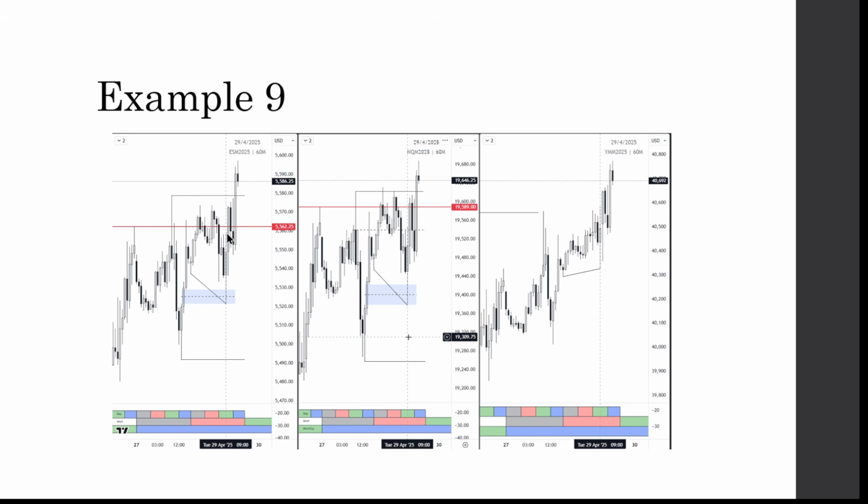When this kind of sequential SMT happens, you can expect that during the New York session, if London expands in the direction of the sequential SMT, you are going to get an unprompted reversal, meaning that a reversal that you do not expect will suddenly take place, taking out the highs of that sequential SMT. So you can see over here, we have just a random SMT.